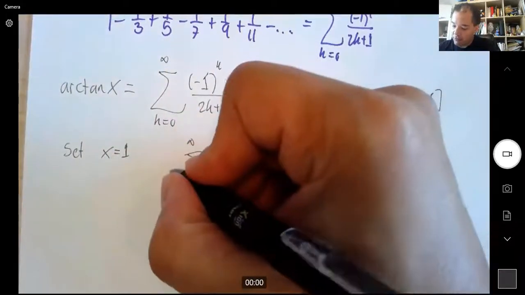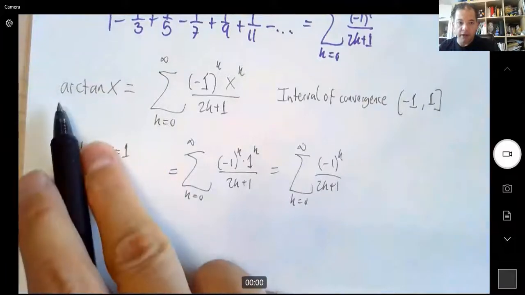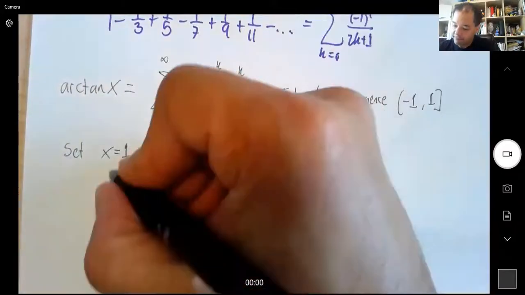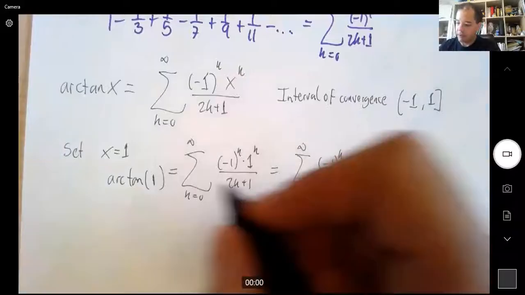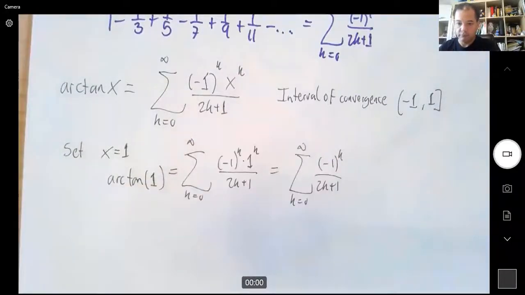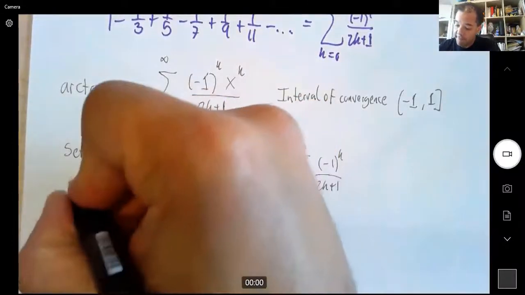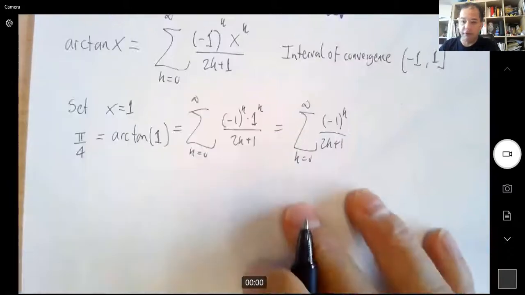And what is it equal to? Well, arctangent of 1, right? And what is arctangent of 1? Anyone? Yes, pi over 4, right? Because the tangent of 45 degrees, or pi over 4, is 1. So this one is pi over 4. And again, that's a beautiful expression, right?